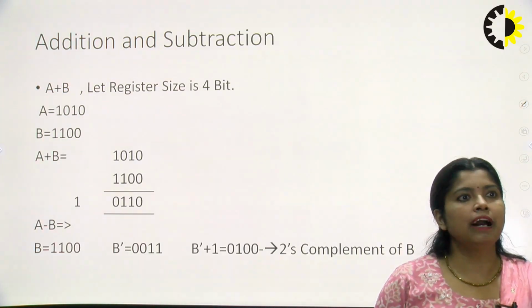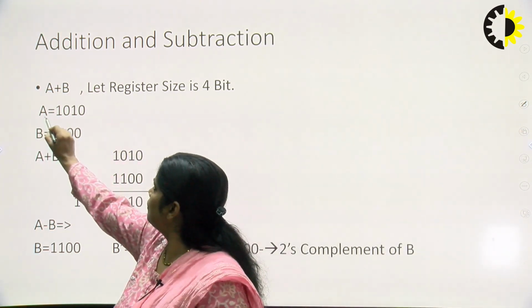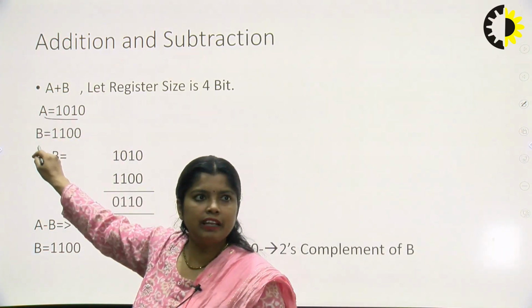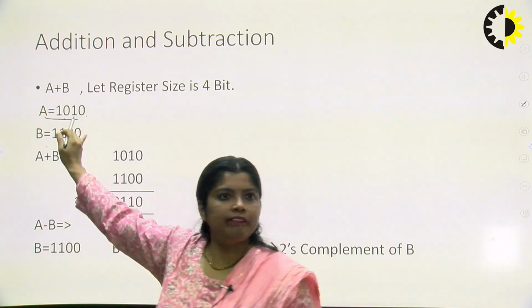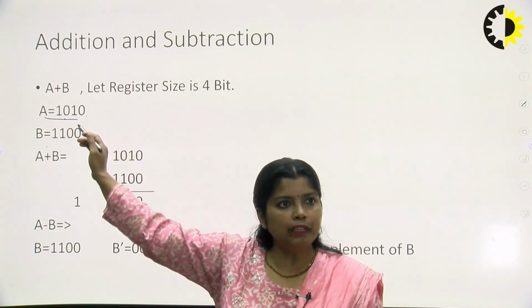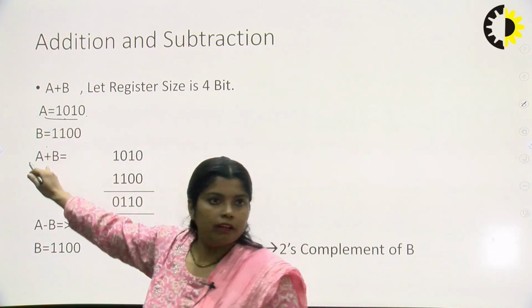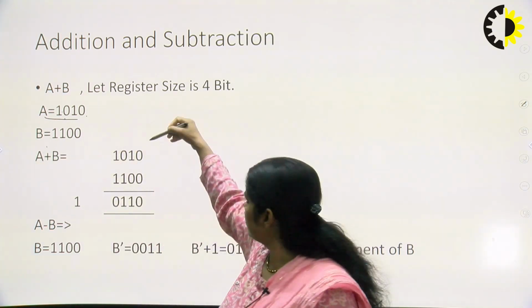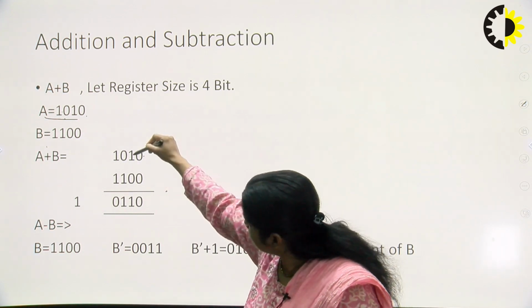Now, the first thing, binary addition. Suppose A is a register and B is a register, each holding 4-bit values. I am taking a simple example. If I want to add A plus B, simply we add 0 plus 0, that is 0, then 1 plus 0.